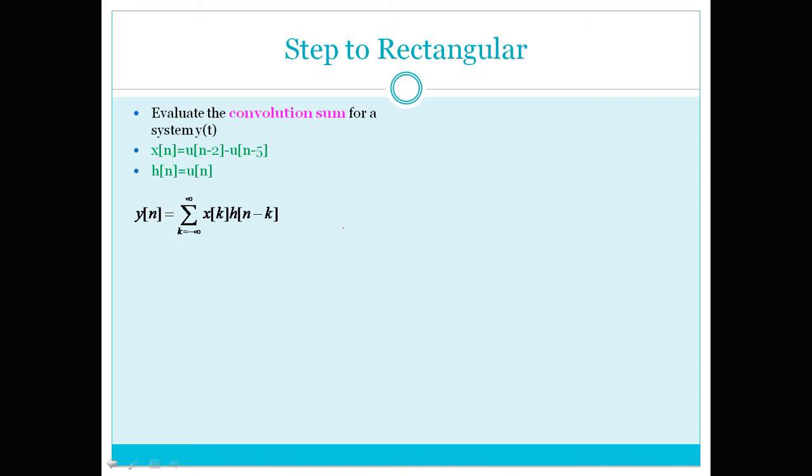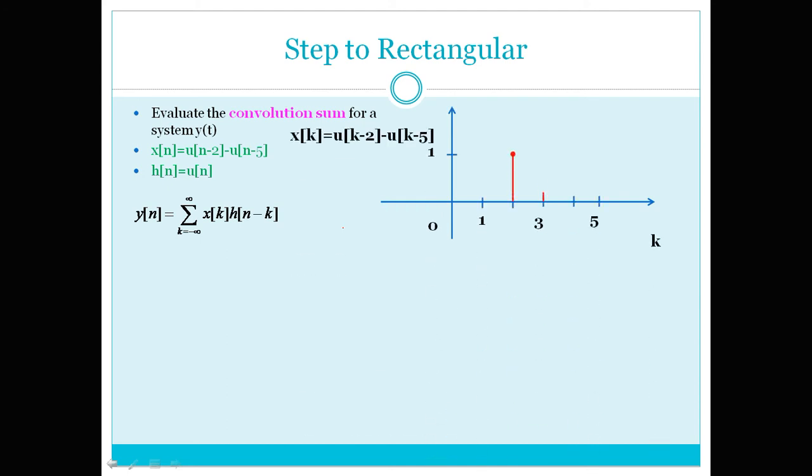We already found x of n. Now it's very easy to convert it into x of k, simply replacing n with k. Same thing: 2, 3 and 4, that's it. So this is my x of k. Now, how to draw h of n minus k?